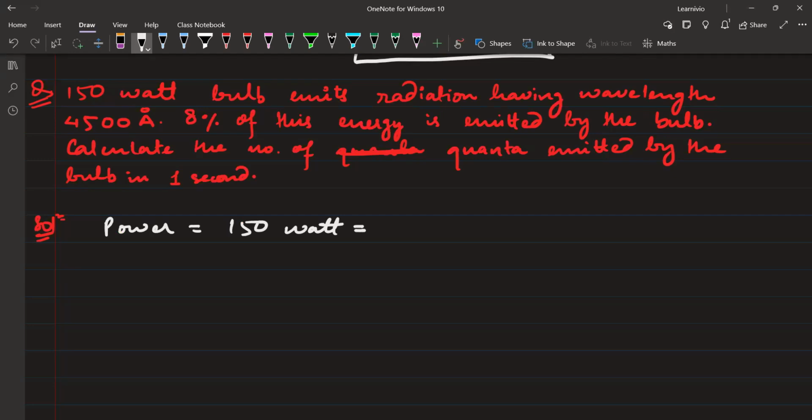What is the original unit of power? 1 watt is equal to joules per second. So basically it is 150 joules per second. Does everyone remember this? Yes, sir. Joules per second.